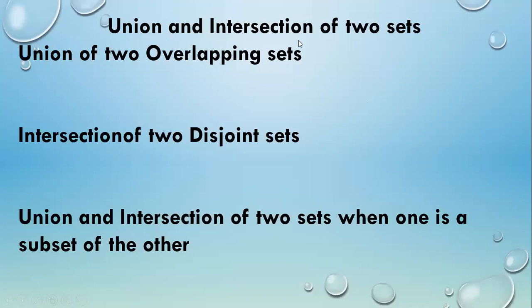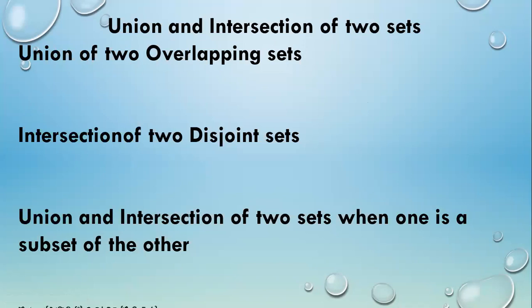Union and intersection of two sets. Union means combining and intersection means finding the common elements between two sets. First we are going to discuss the union of two overlapping sets. Union means combining.